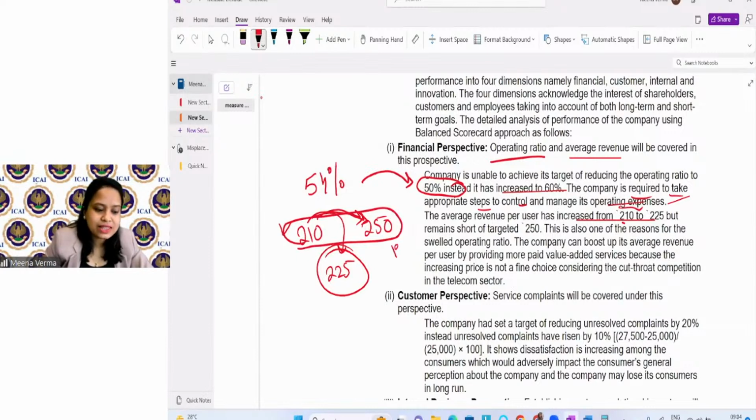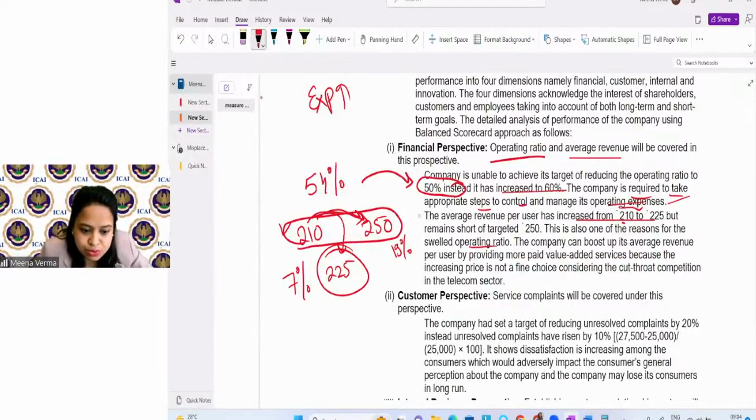So the target was 19% improvement, but the improvement is 7%. So the company has to check the reason why the revenue is not increasing to the extent the company has targeted. Maybe the expense is increasing, maybe the operating ratio is increasing, and because of that the revenue is decreasing.